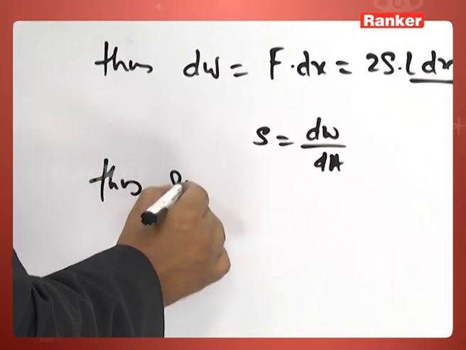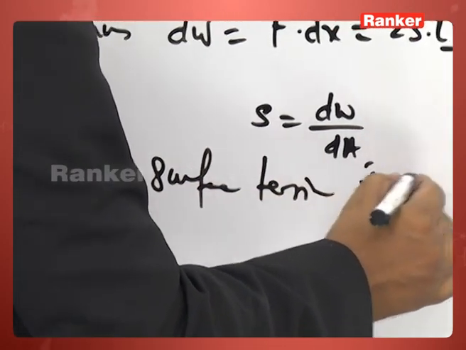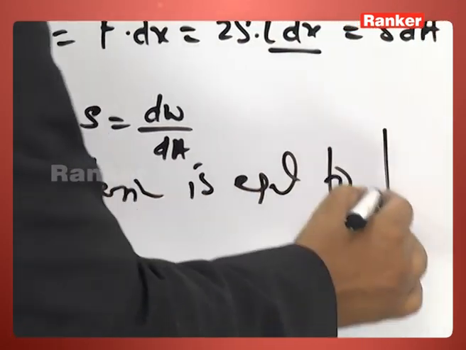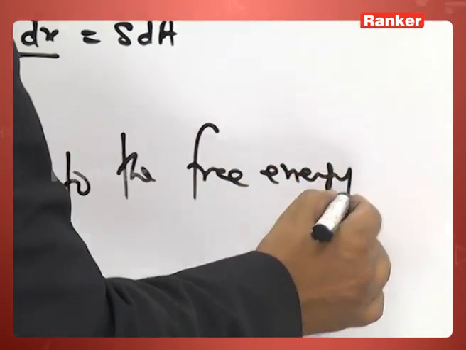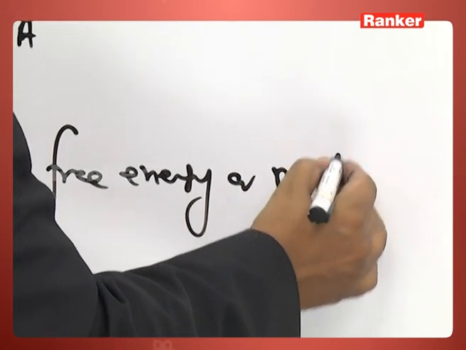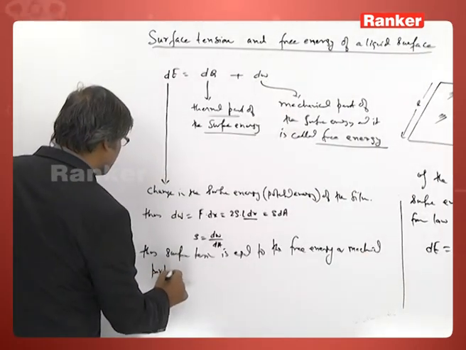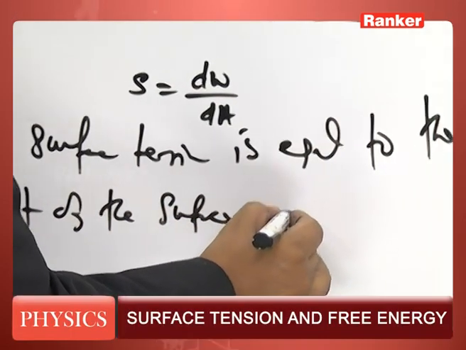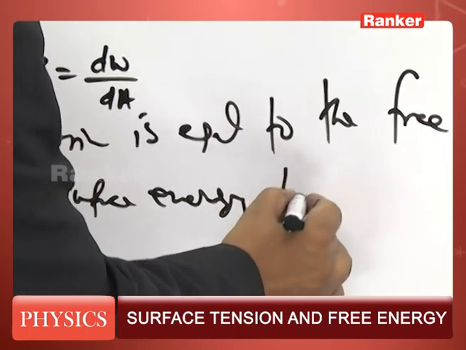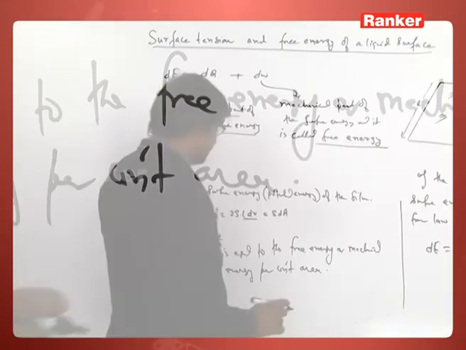Thus surface tension is equal to the free energy, or mechanical part of the surface energy, per unit area.